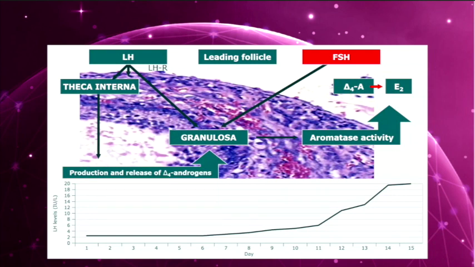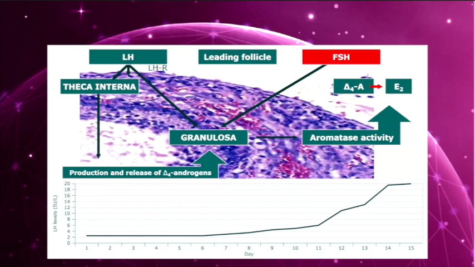But granulosa is not involved in androgen production. So we have to hypothesize that the same molecule, LH, plays different roles: in theca cells, producing androgens, and in granulosa cells only of dominant follicles, supporting the FSH activity. So they work together, FSH and LH, in granulosa cells.